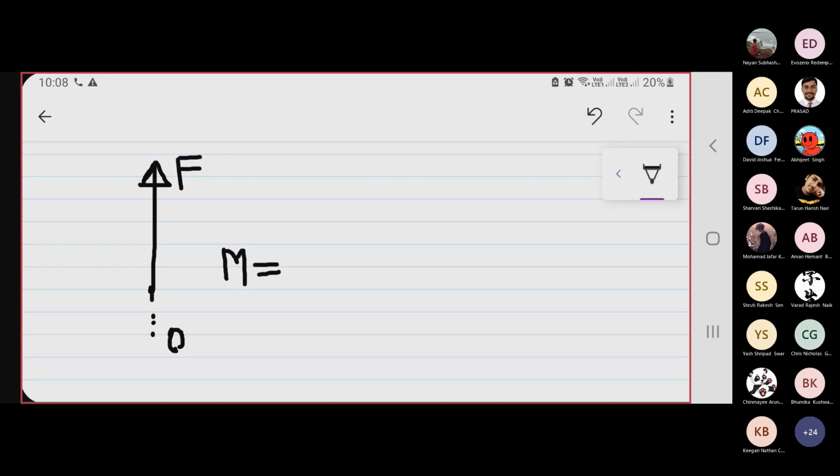What is the moment definition? Force into perpendicular distance. So if the force passes through that point only, there will be no moment. That means moment is equal to 0.